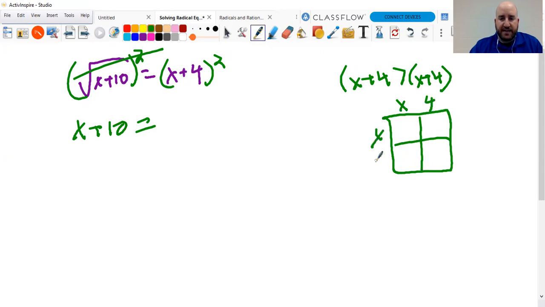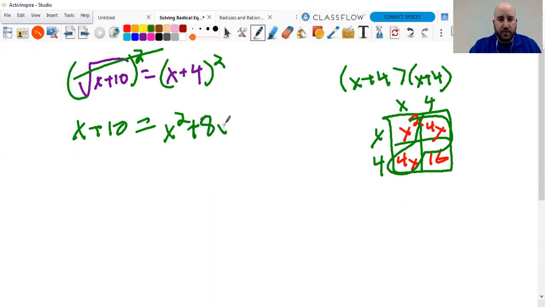It's positive, so you don't have to put the plus sign. X times x, x squared. 4 times x, 4x. 4 times x, 4x. 4 times 4, 16. So I've got x squared, 4x plus 4x is 8x, plus 16.